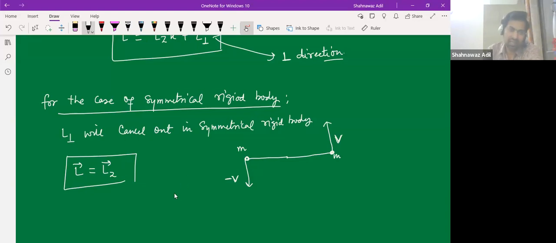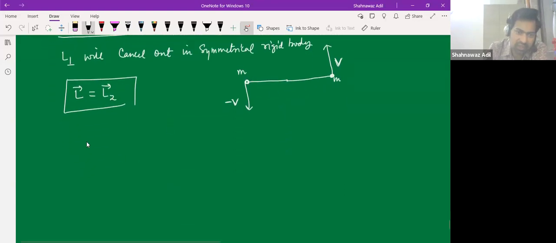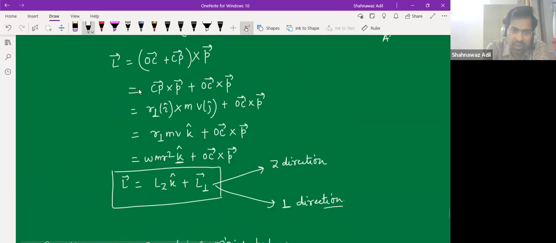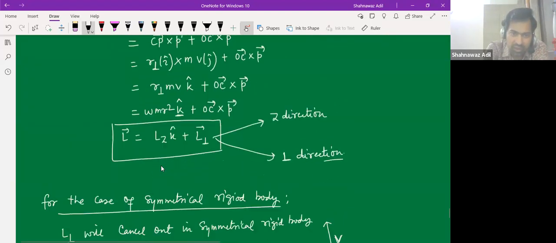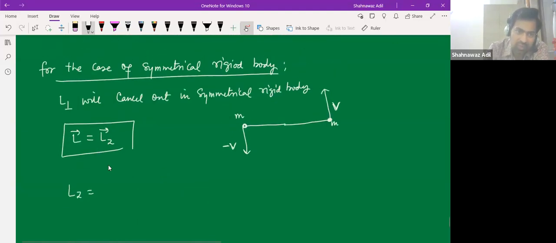And we have found out what this LZ component is. LZ component was m omega r square, and we know that mr square is I. So LZ would be simply I omega.